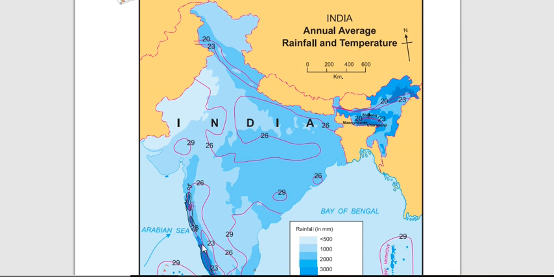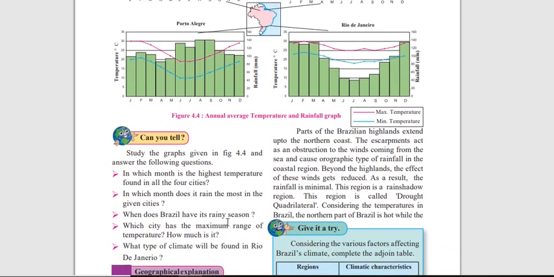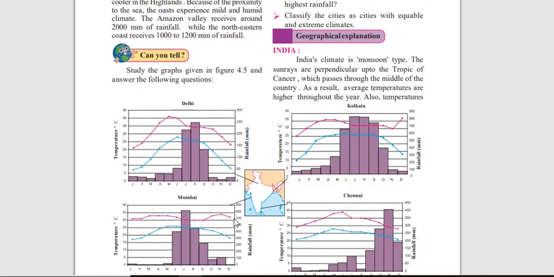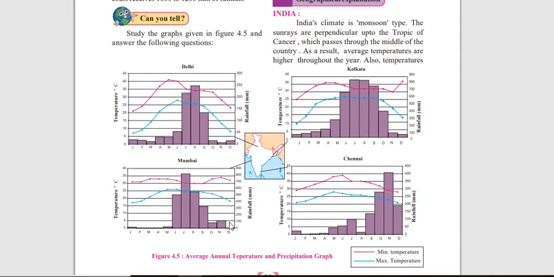Now, let us go to figure 4.5. Please go to figure 4.5 and let us answer the questions. What difference do you find in the rainy seasons of Chennai and other cities of India?